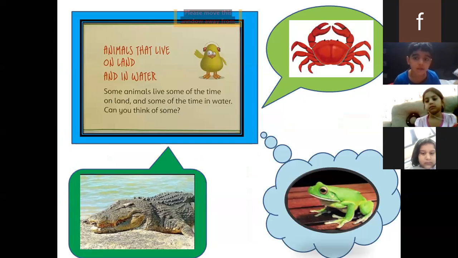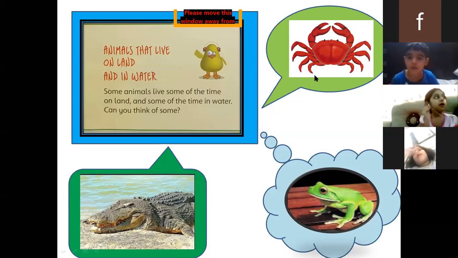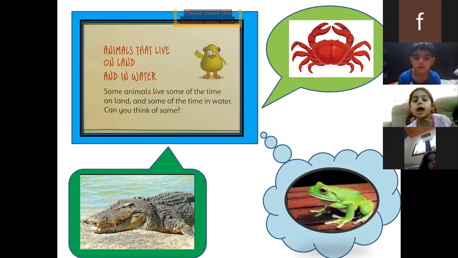So, can you think of some? Yes, we can think of some of those animals. Now, can you see this animal? It's a crab. All of you, please say it with me. It's a crab. Crab can live both on land and in water.